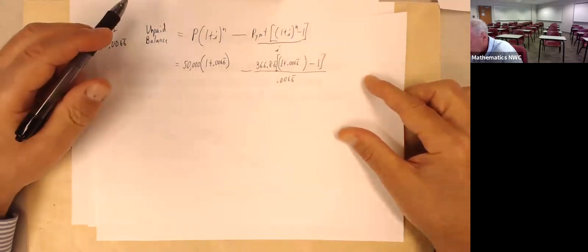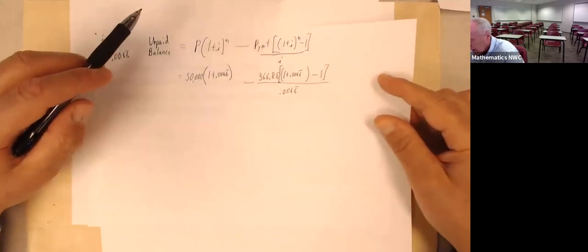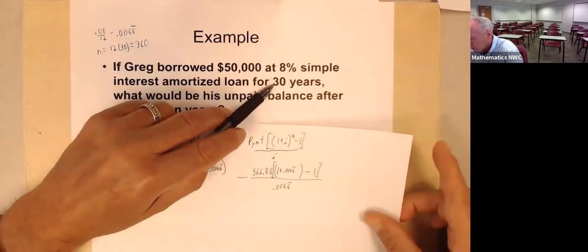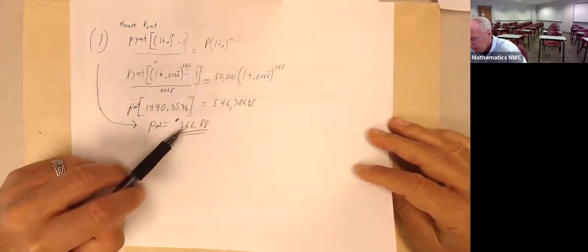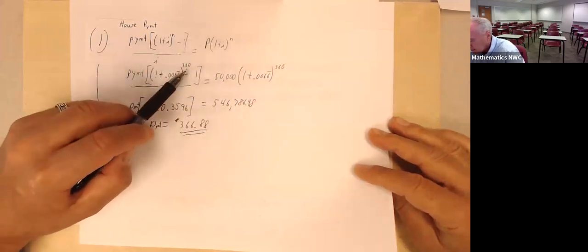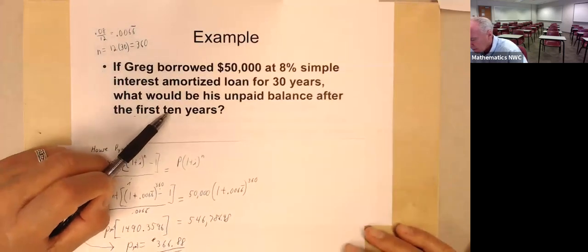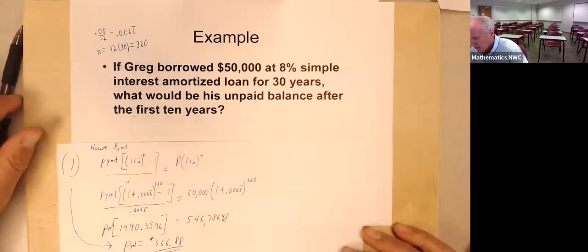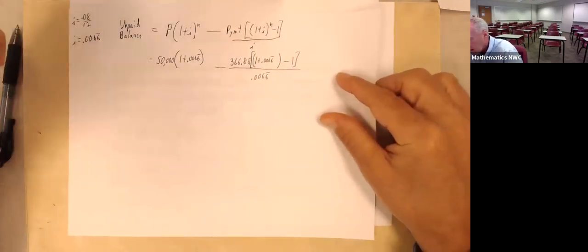Now watch carefully. The N. Last time it was 12 times 30, 360, when we calculated our payment. Don't miss that. That was the full length of the loan, 30 years times 12 times a year. But now we want the unpaid balance in 10 years. After 10 years, what would the N have been?